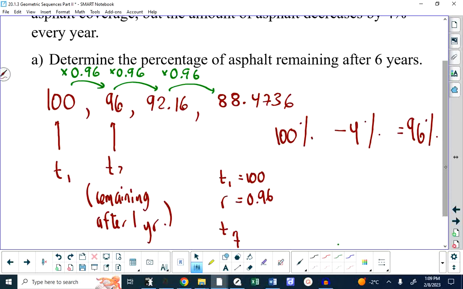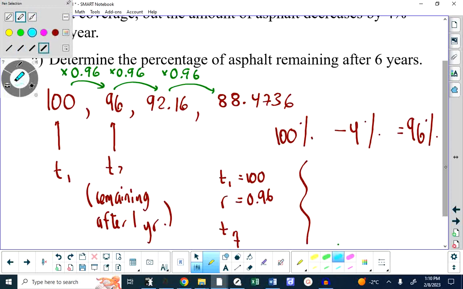The seventh term will tell you about the 6th year. So why not do this instead? You can choose to explain this to yourself in your notes however you like.